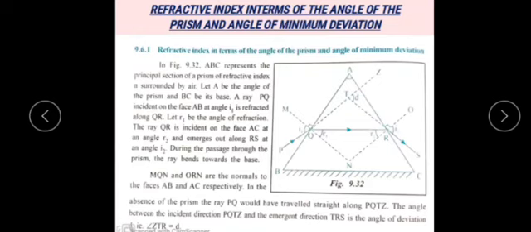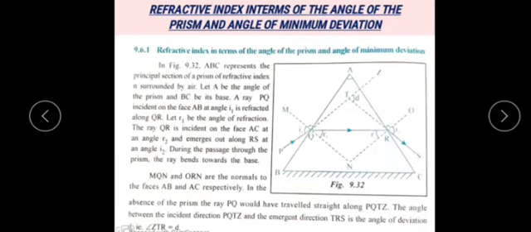So we want the sum of internal angles, that's why this angle is equal to I1 minus R1. It is the same concept for the other two lines: I1 is the total angle, but I don't want the total angle. I need this much only, and this angle is equal to I1 minus R1.